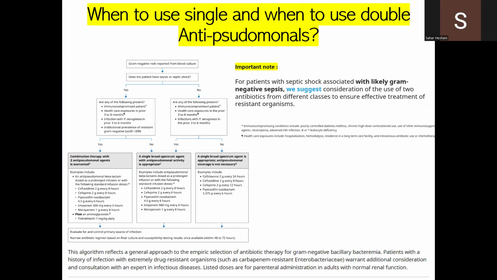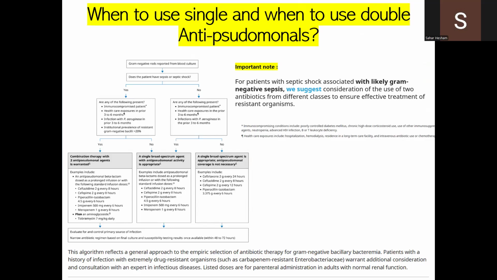This slide is very important. This algorithm is very useful, and it has been downloaded from UpToDate. It summarizes when we can use a combination with double anti-pseudomonal, when we can use a single anti-pseudomonal, and when we can use a single agent that has no anti-pseudomonal activity like ceftriaxone.